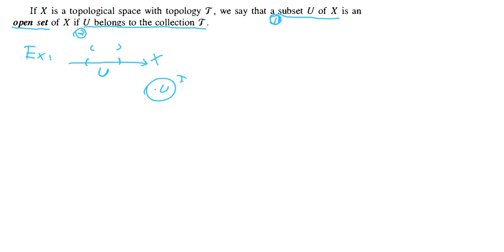The topology is actually a collection of all the open sets of X, or you can consider that the collection T defines what the open sets of X are, because if you want a subset to be open, you need to ensure that set is an element of T. So the topology T is just like a standard for a subset of X to be an open set.